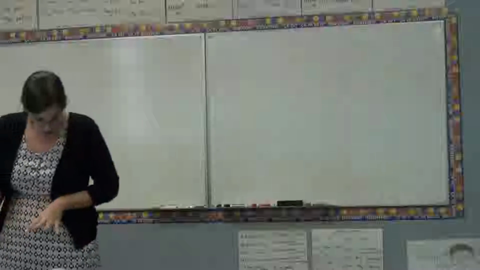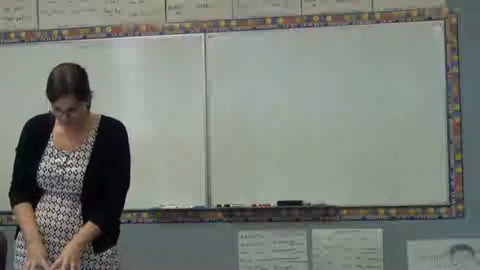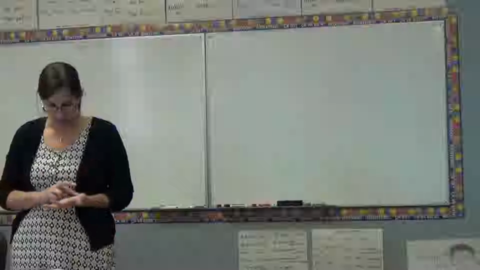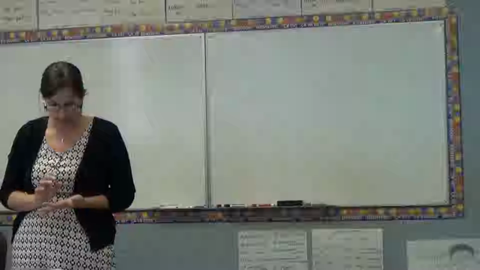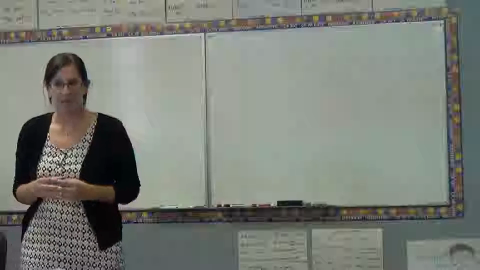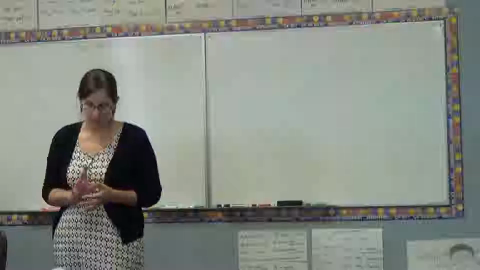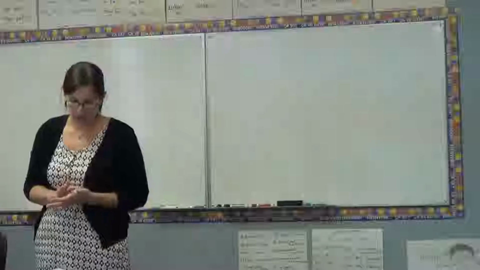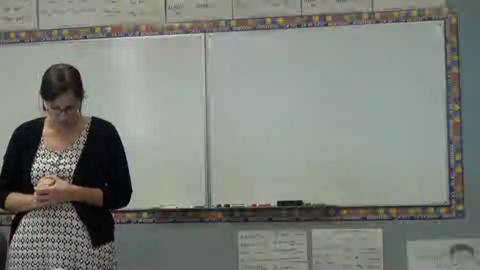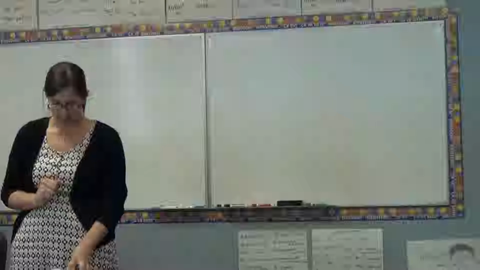Bueno, so looking back at page 14 here, we've got los días, the days of the week. So we've got lunes, martes, miércoles, jueves, viernes, sábado, domingo. Then we've got los meses, the months. Enero, febrero, marzo, abril, mayo, junio, julio, agosto, septiembre, octubre, noviembre, diciembre.